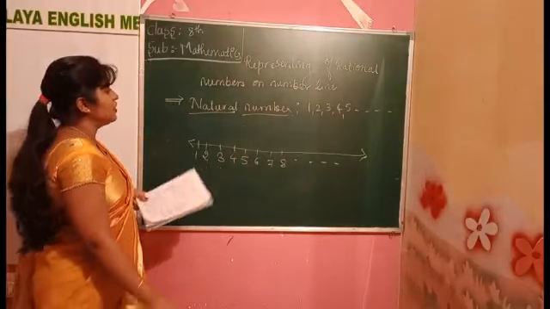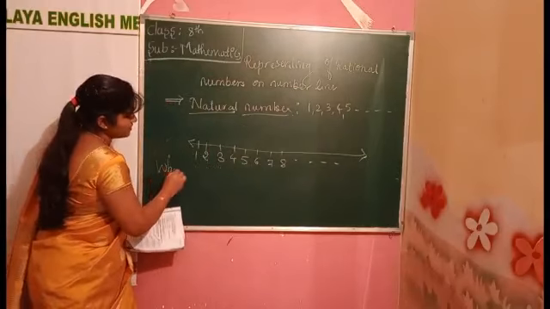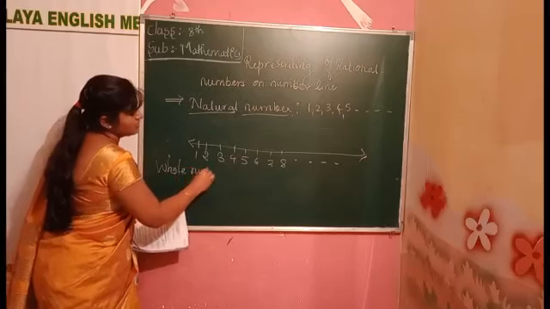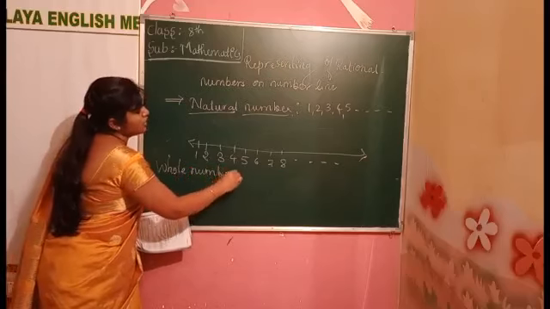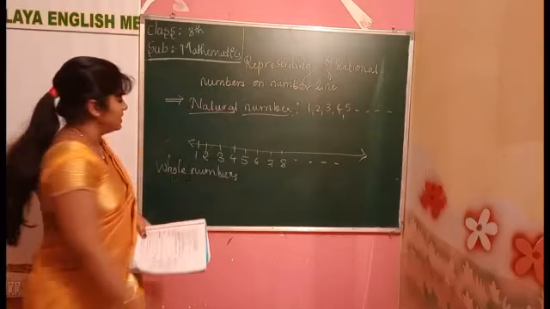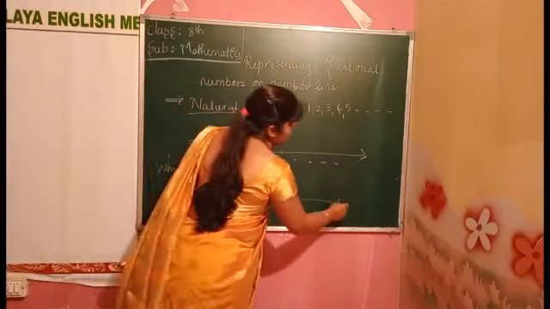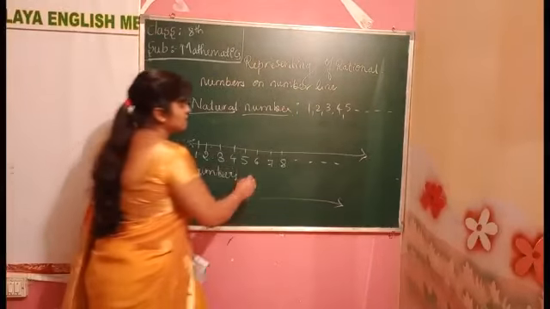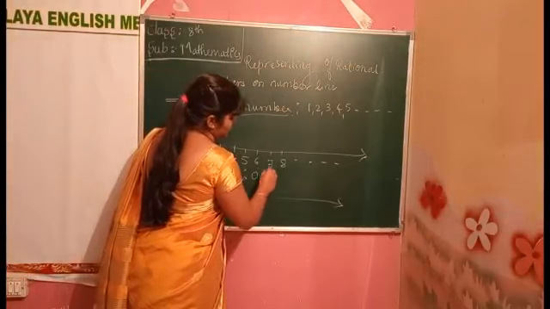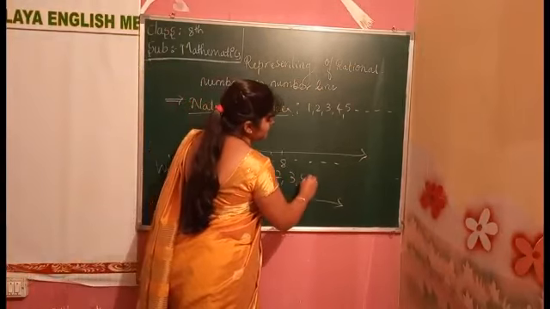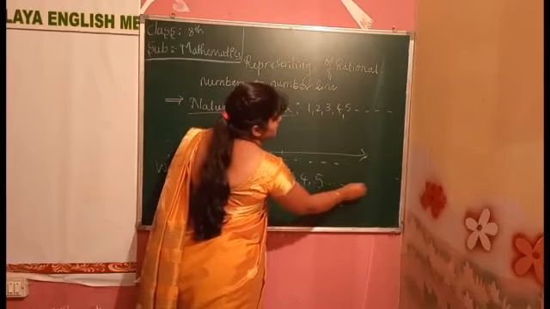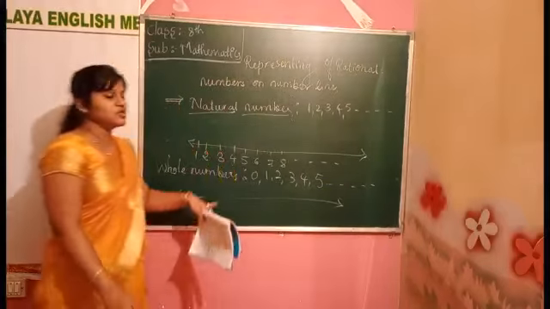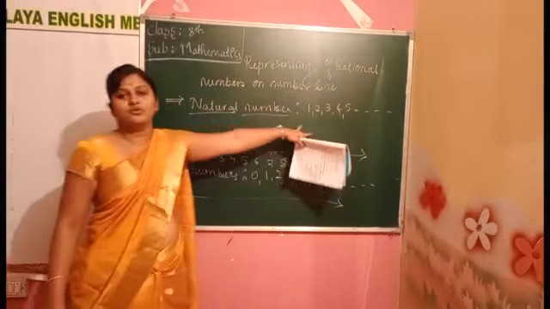Now we'll see whole numbers. Same thing, when we write whole numbers on the number line. Now tell me which all are whole numbers. Whole numbers are those which start from 0. The numbers will be the same, but here we use 0, there we don't use 0.